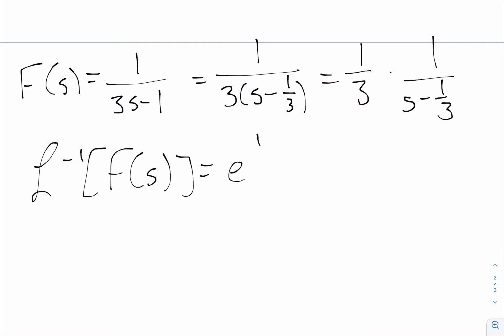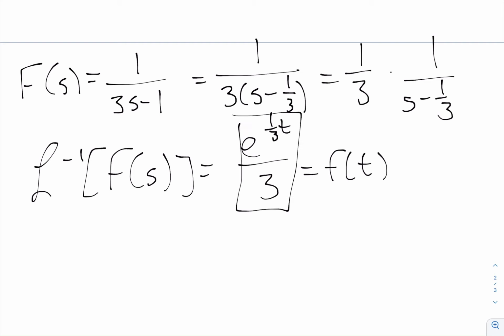That's e to the 1/3 t, times 1 over 3. So I'm just going to write e to the 1/3 t over 3. Okay, and this would be our answer. If we were to go the other way, if we were to take this lowercase f of t and take the forward direction, the normal Laplace transform of this, we would get 1 over 3s minus 1.